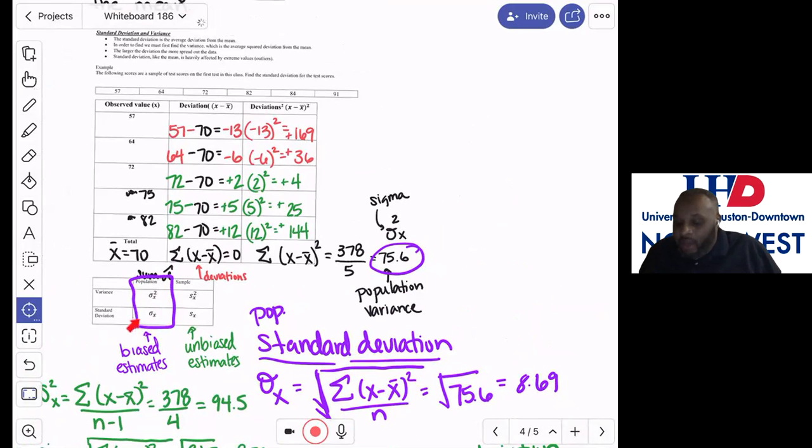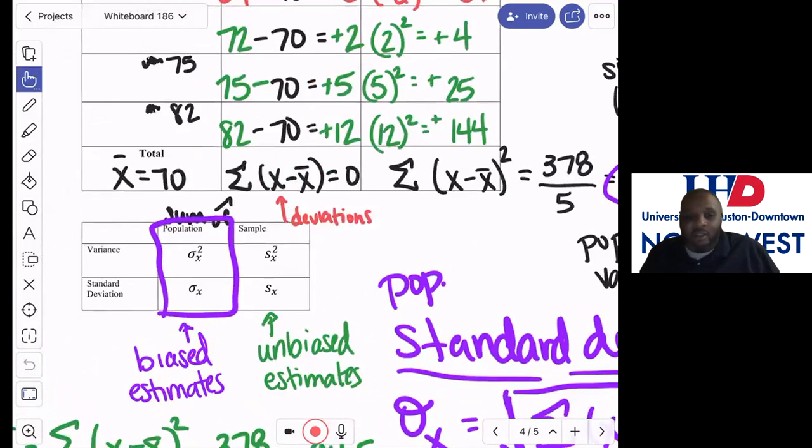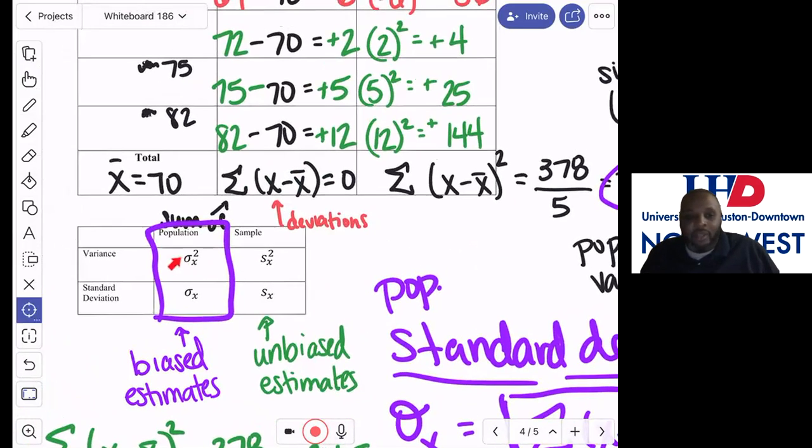So both these values, the variance, which is the average squared deviation from the mean, is called sigma squared x. The standard deviation is called sigma x. They're biased estimates. We want to use the unbiased estimates, the sample values. The sample variance is called s squared of x.